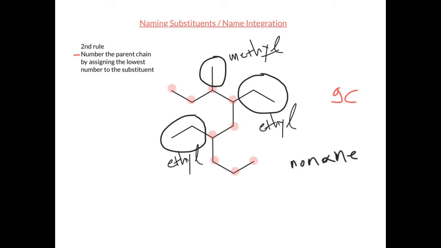How do we name the compound now? The second rule we will learn says that we have to number the parent chain in a way that we assign the lowest number to the substituent. That means that if I start from the top and I give it number 1, then the first substituent I meet is in number 3, while if I start from the bottom as 1, the first substituent that I meet is in number 4.